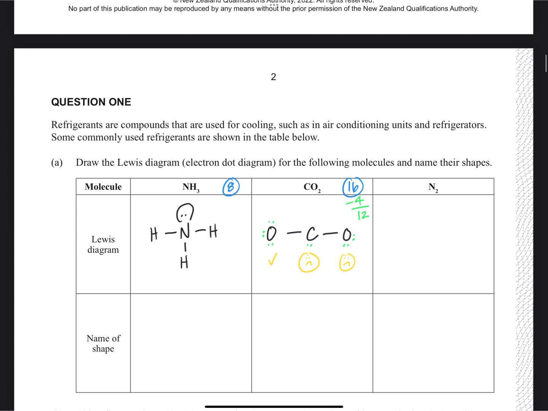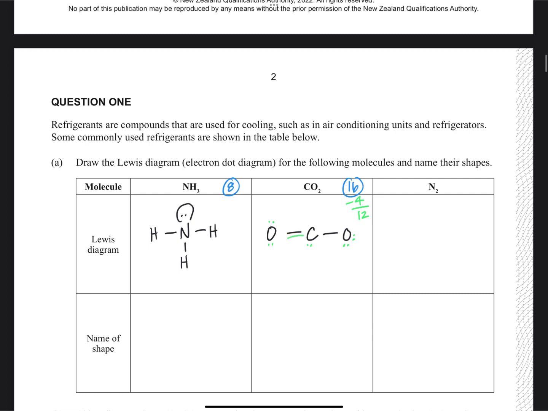So since our left oxygen has so many, let's take some from our left oxygen, and we're going to share them between our oxygen and our central carbon.